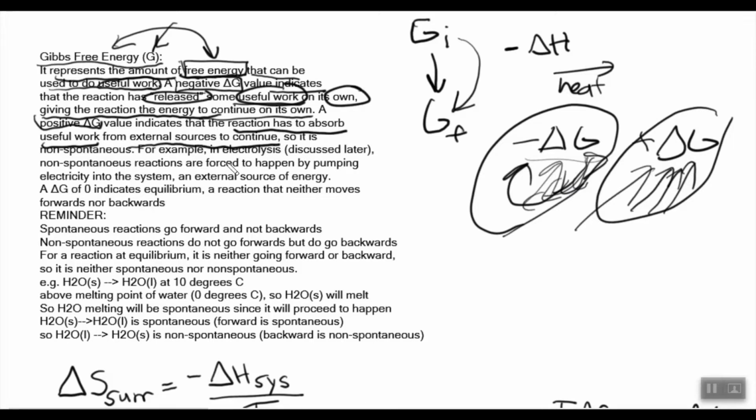So let's talk about electrolysis. We will learn about this way later, but electrolysis is essentially a type of non-spontaneous reaction. If you look at the word, electro and lysis mean we are breaking down something with electricity.